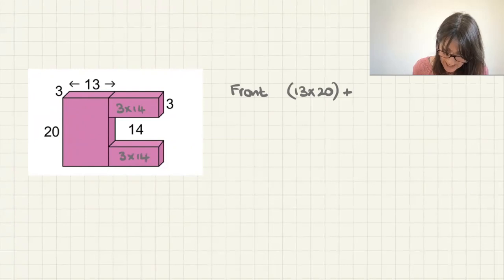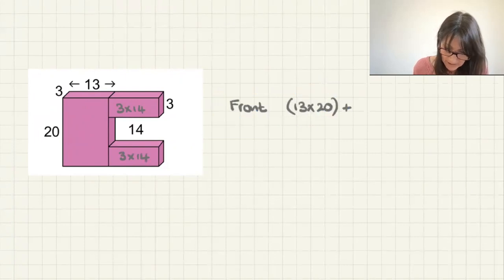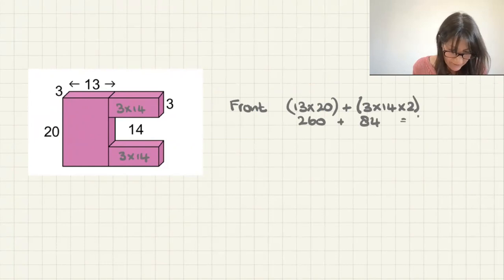So I'm also going to be adding, I'm just going to bring this down because I think it's going to just disappear under the camera. I'm going to be adding 3 times 14, and I've got 2 of them. Okay, so that's going to give me 260 plus 84, which is going to give me a total of 344.